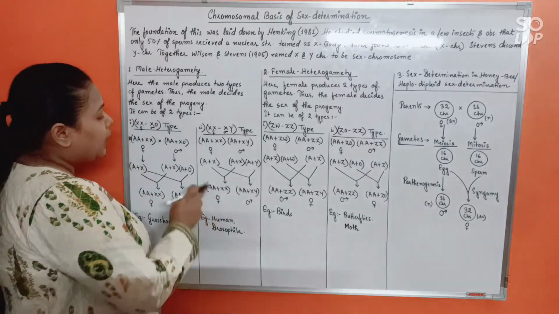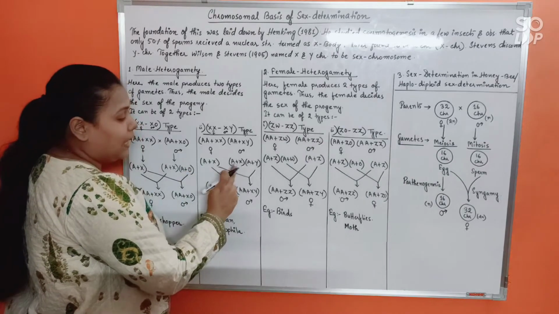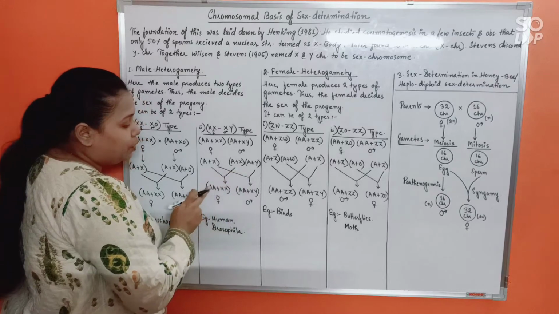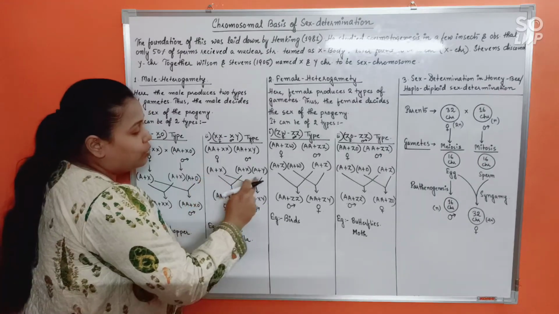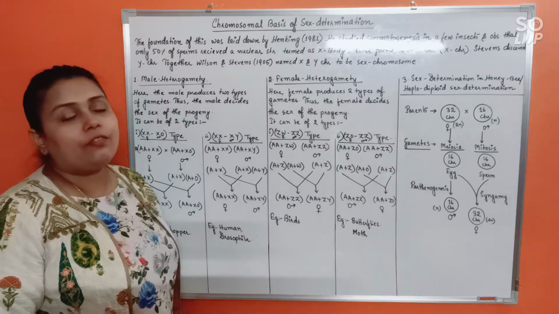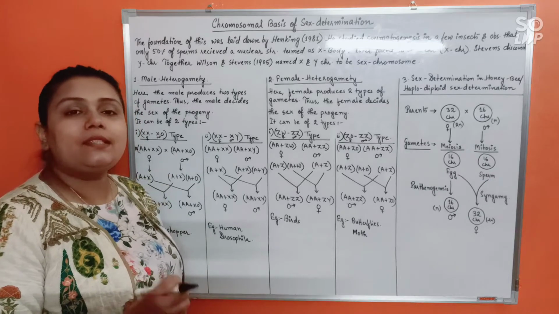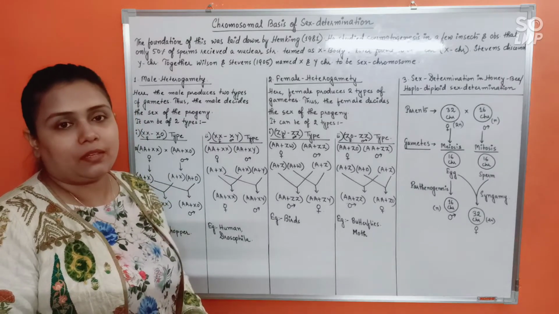If A plus X fuses with a sperm containing A plus X, the progeny will be a female. And if A plus X fuses with A plus Y, the progeny will be a male. Of course, all of you know by now that this type of sex determination occurs in Drosophila as well as human beings.